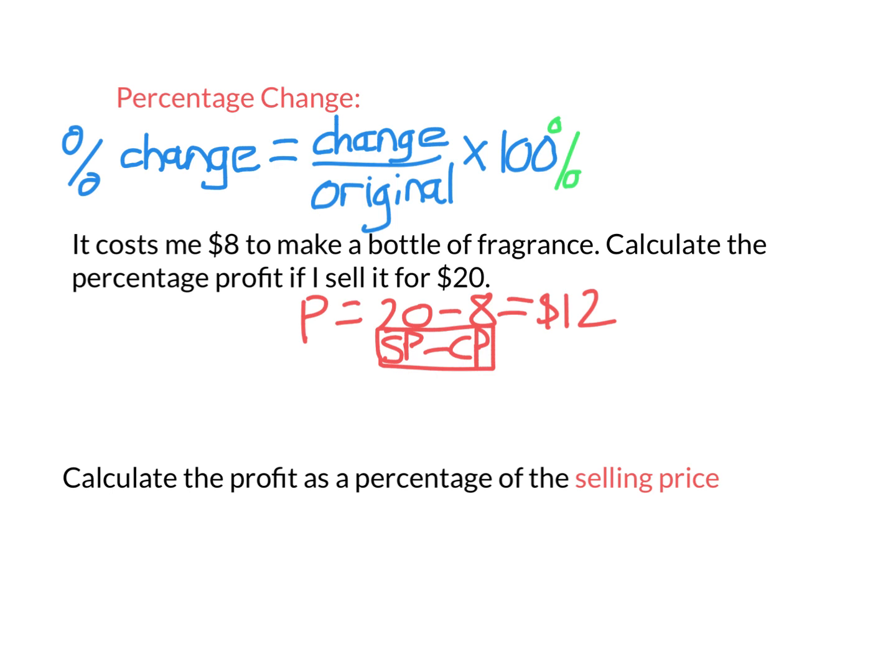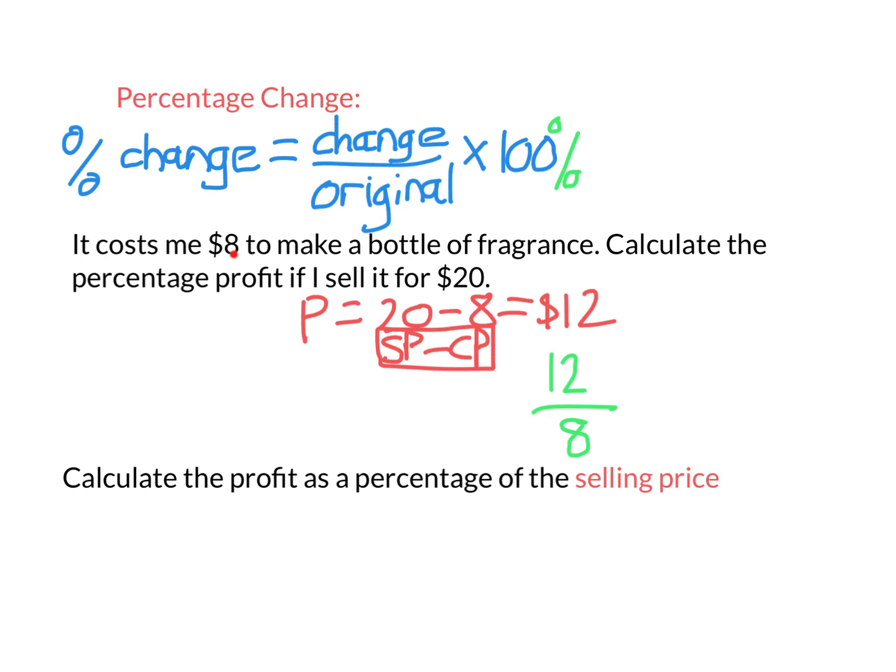So we're going to find out what percentage the profit is of the original. So what is the percentage profit? It is the change, in this case the profit, the change in price was $12, divided by the original. So the original was $8. The original was the cost price.